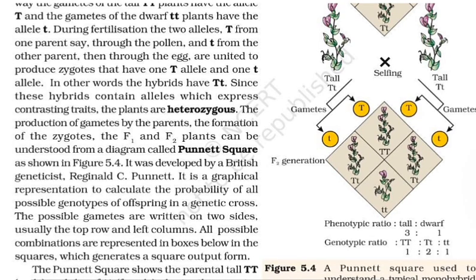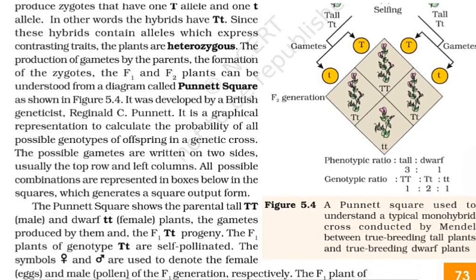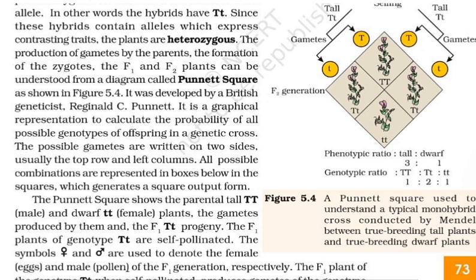Also, pollen grain of the genotype small t has a 50% chance of pollinating egg of genotype capital T as well as genotype small t. As a result of random fertilization, the resultant zygotes can be of the genotypes capital TT, capital T small t or small tt. Clear?